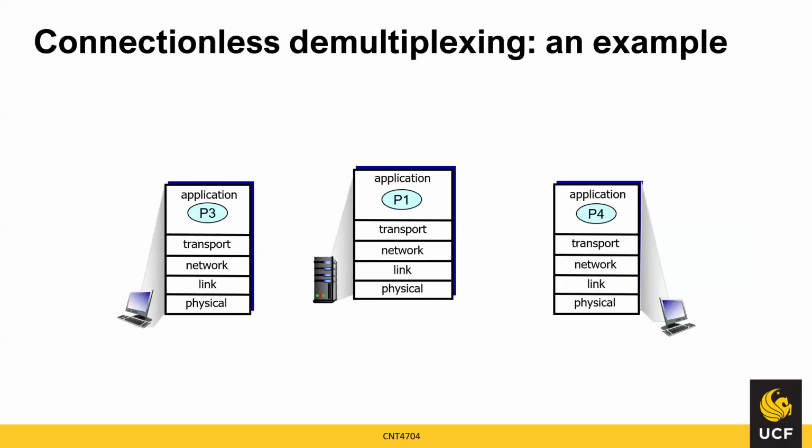Now let's look at an example of demultiplexing with UDP. We usually have 3 hosts. On the left-hand side, we have process 3, known as P3, and we create a datagram for it with a local port number, 9157.